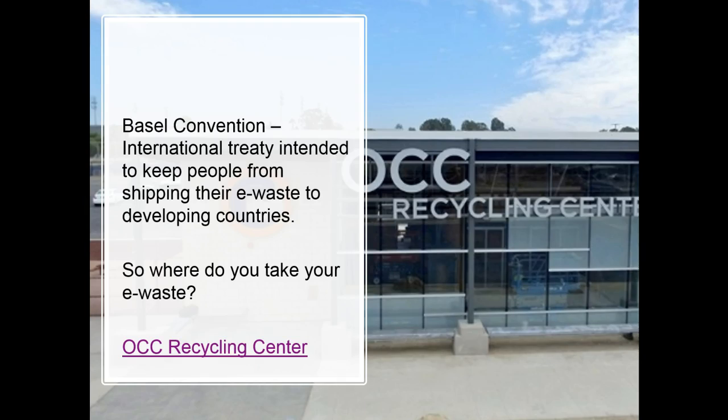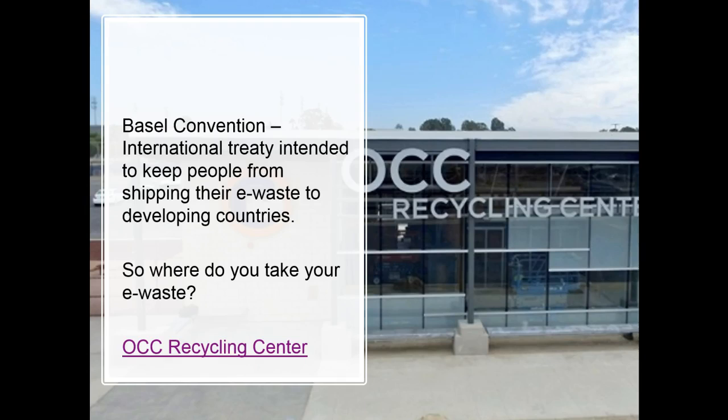Another problem is e-waste. E-waste are all the cell phones and computers and electronic devices that we throw away. These devices contain lead, cadmium, and other heavy metals that are dangerous to the environment, and they need to be disposed of correctly.